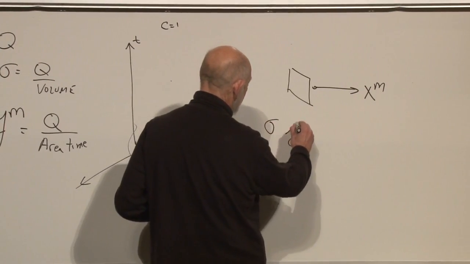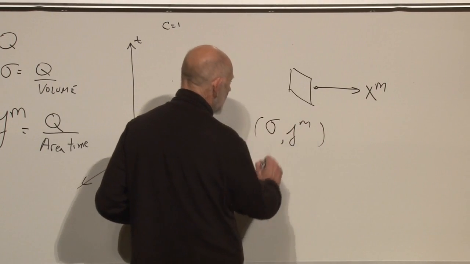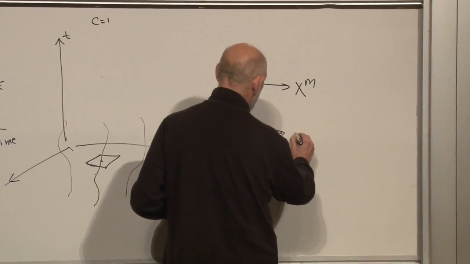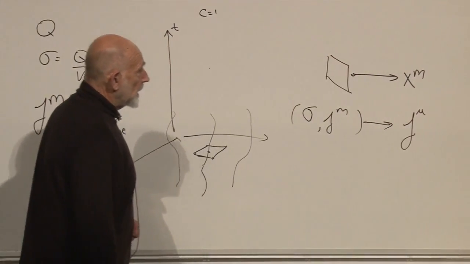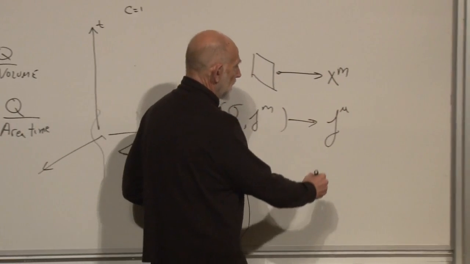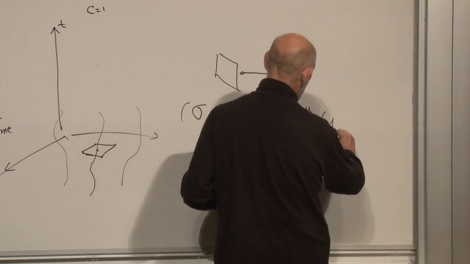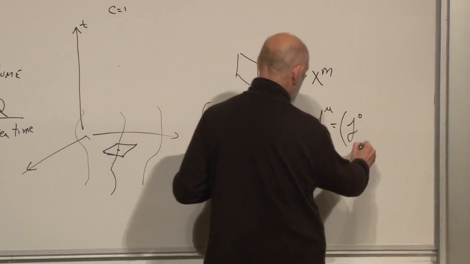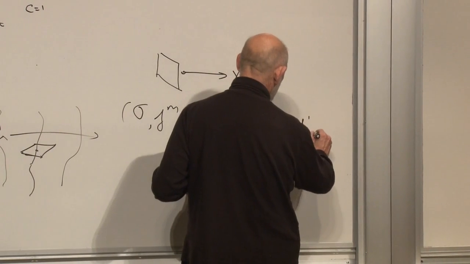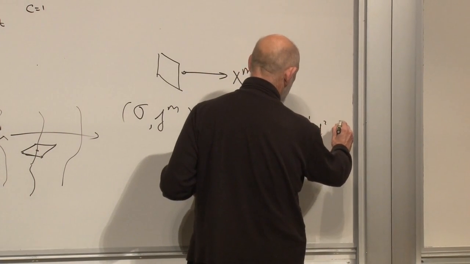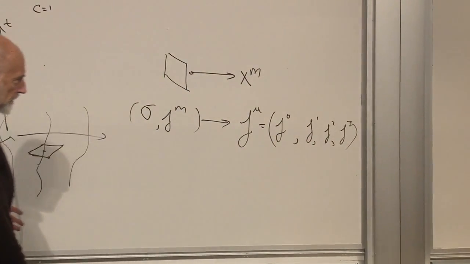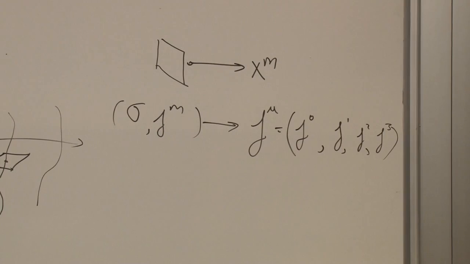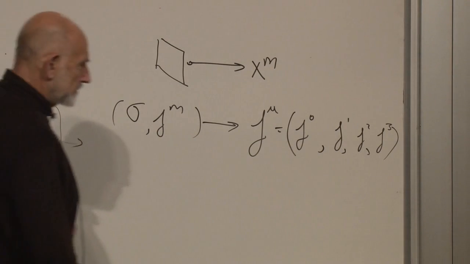Sigma and J_m together form a 4-vector J^mu, with J^0 being the charge density, and J^1, J^2, and J^3 being the 3 components of the current. Right. Good.